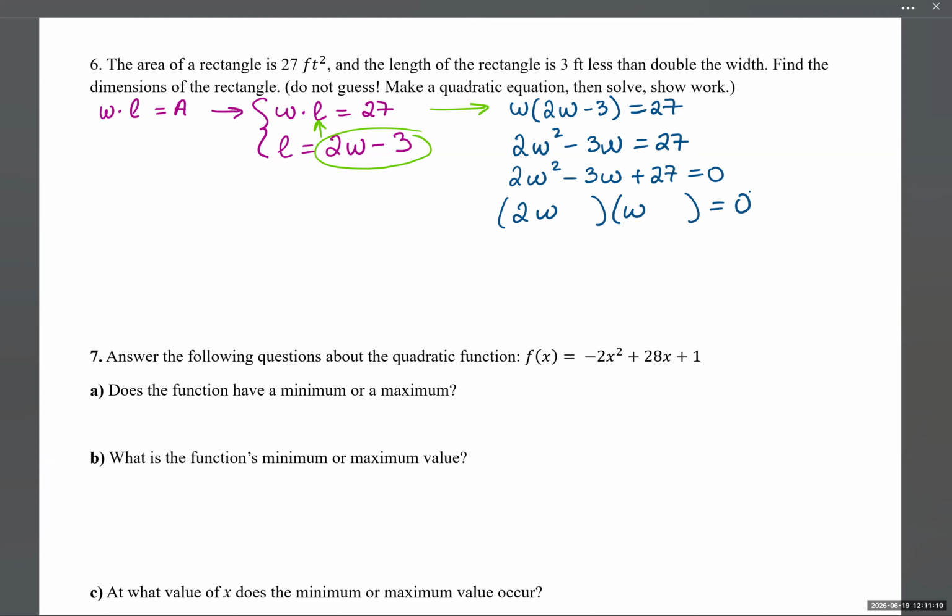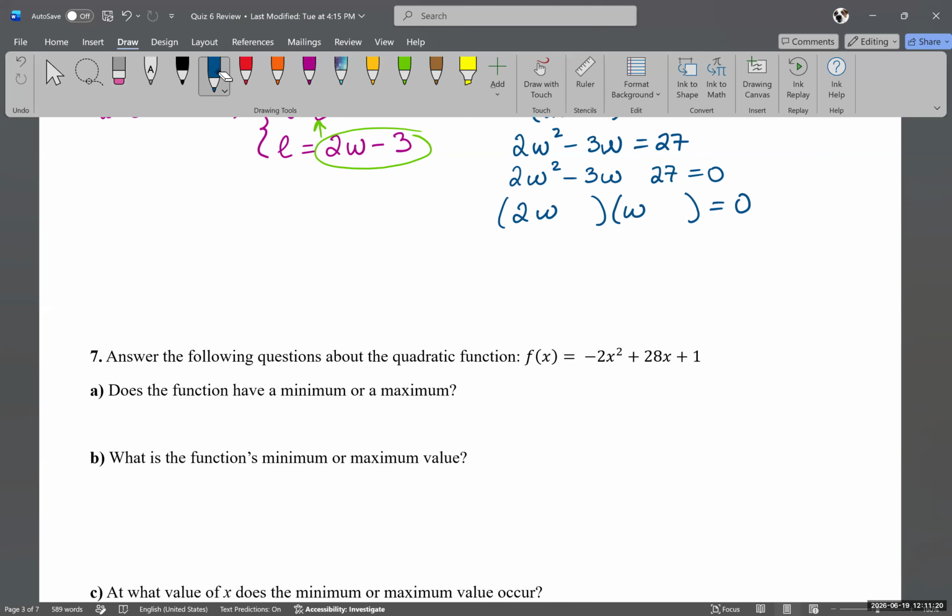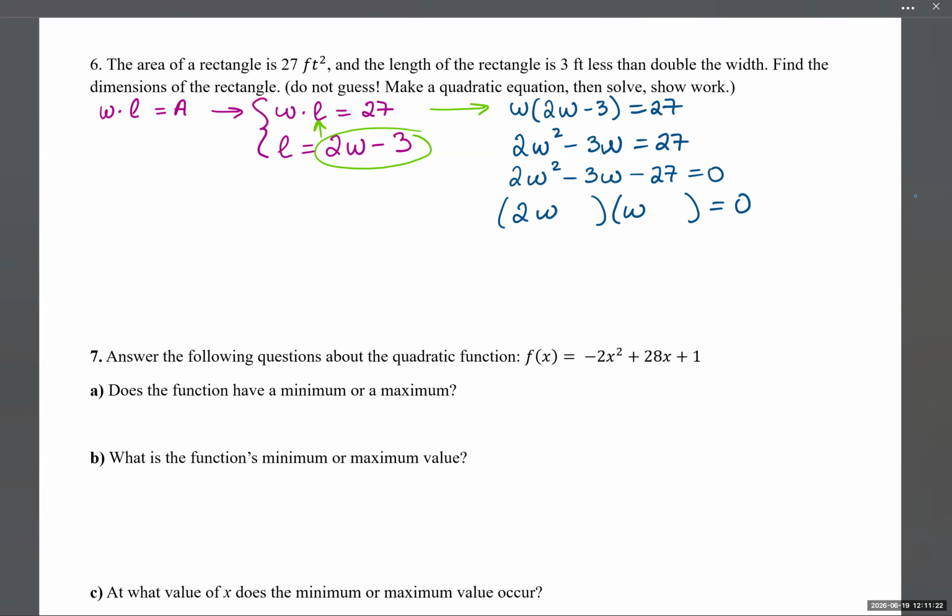So we need two numbers that multiply to negative 27 and add to negative 3. We don't have that many possibilities. It has to be 3 and 9 here.